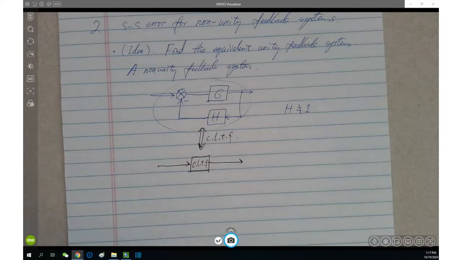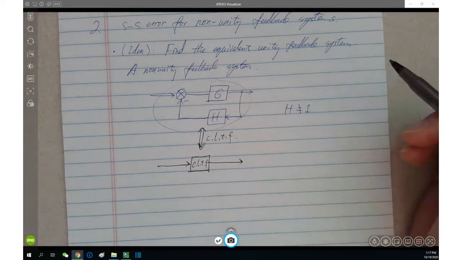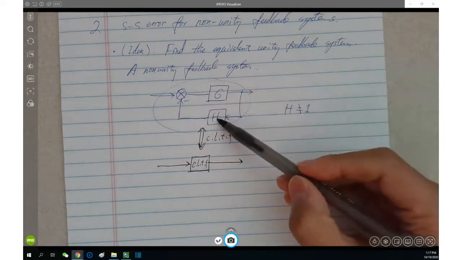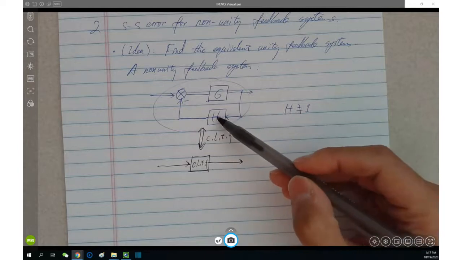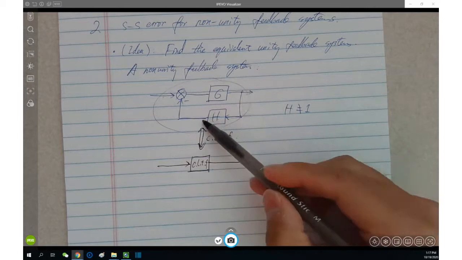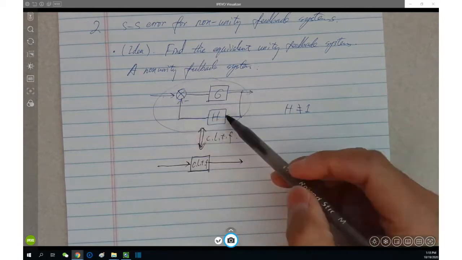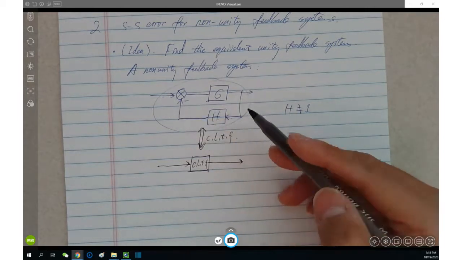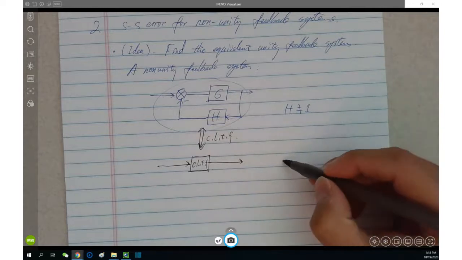Well, we should be able to use our principles for shifting the H. Shifting the H, so that way we can try to get that to be unity, right? If following John's idea, we shift H out of the feedback, we shift it to here or here, and then the feedback here, yes, is unity. However, what we are looking for is like this, right?